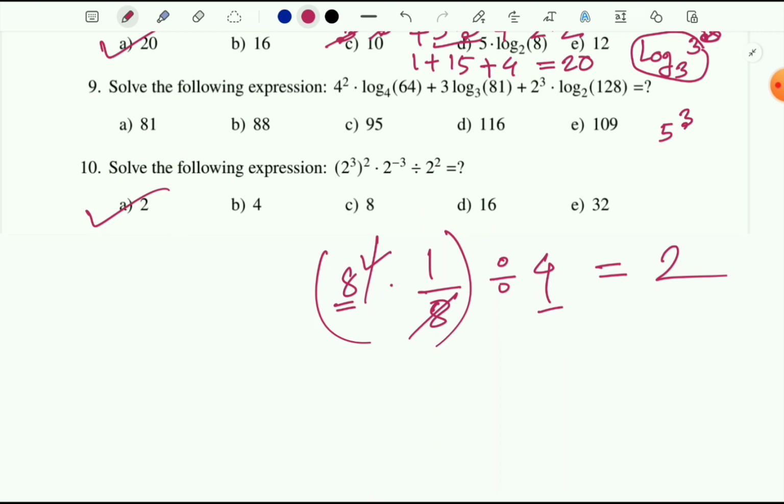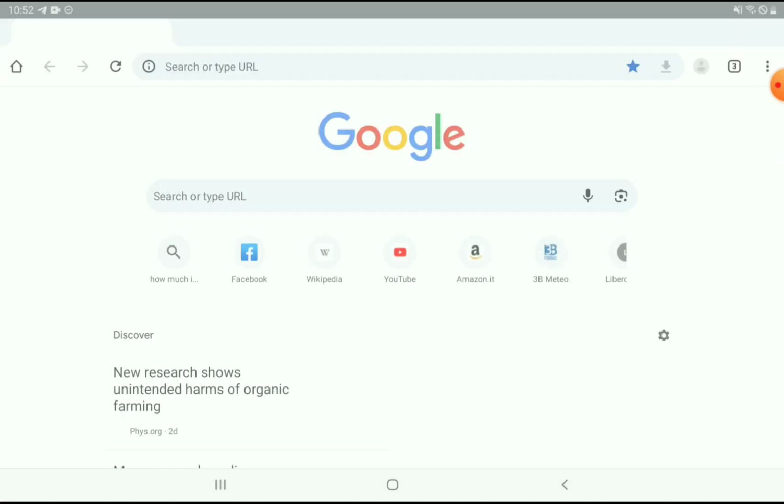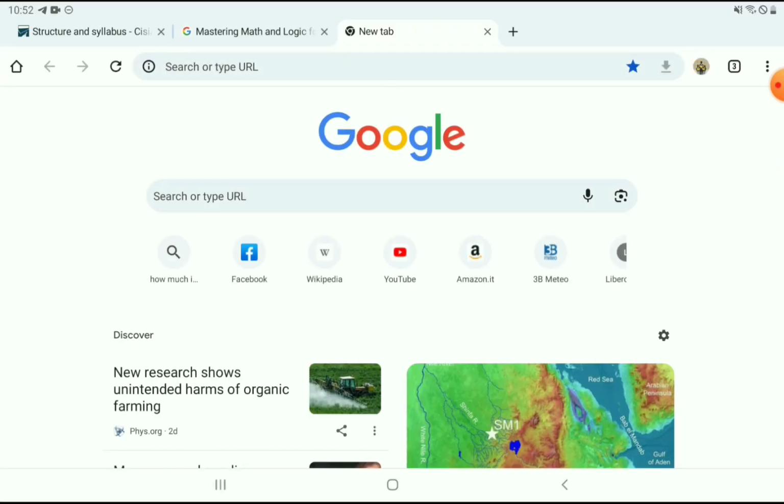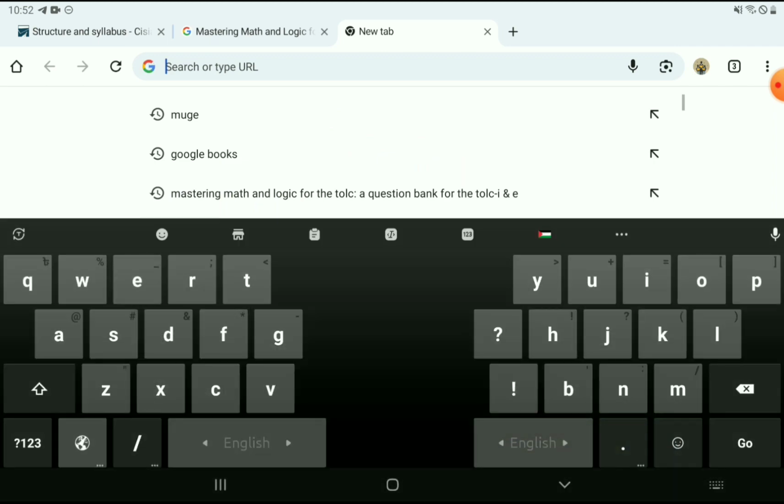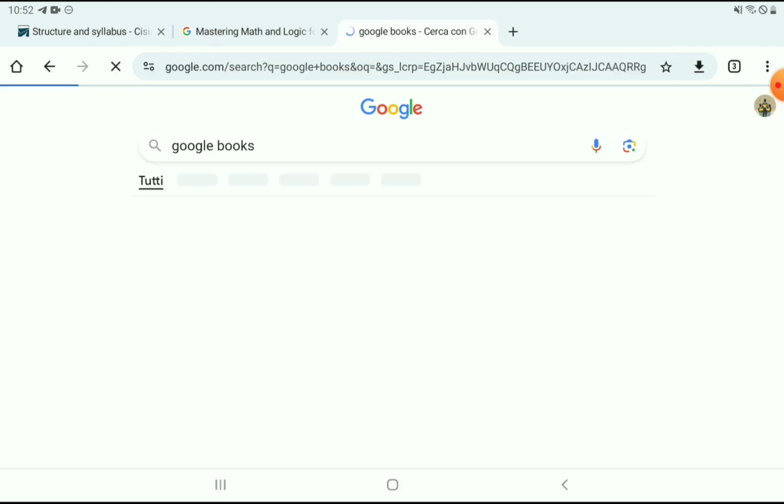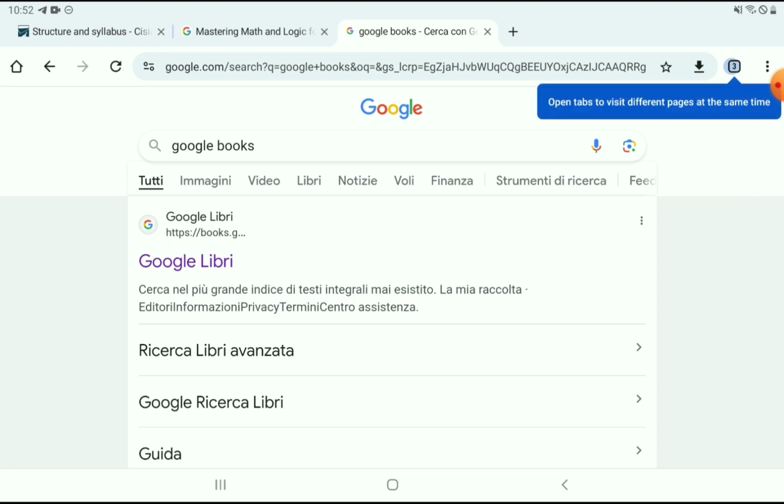So before closing today's tutorial, if you search Google Books, I'm in Italy, so Google Libri means the library. You can go, if the same appears, you can click here, or you can simply click on Google Books, whatever you want. Both are okay, both will work.